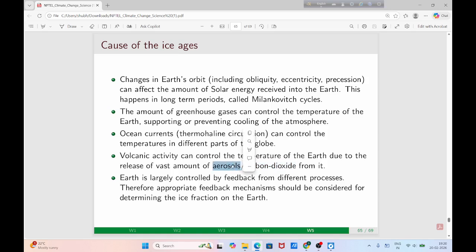If it is sulfate aerosol, it will cool the climate. If carbon dioxide is there, आपको पता है वो तापमान को बढ़ाएगा.